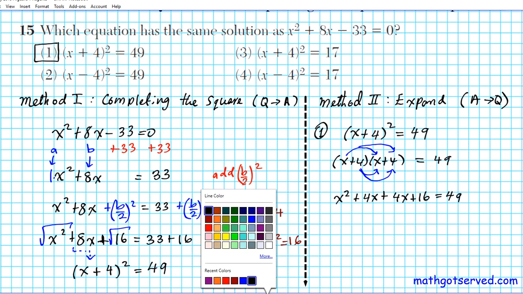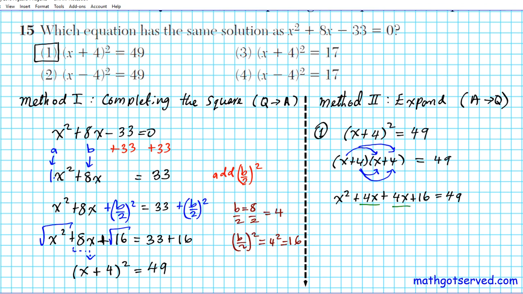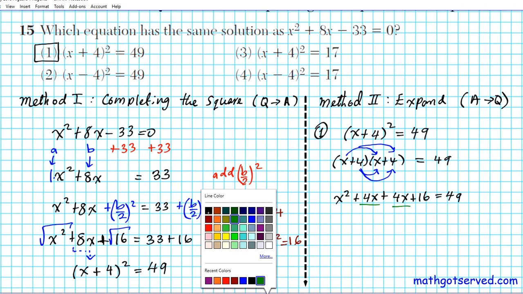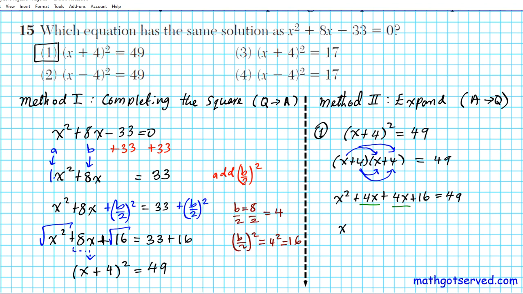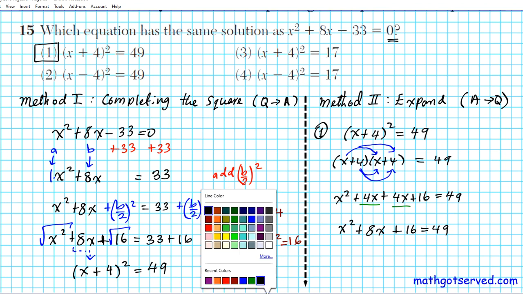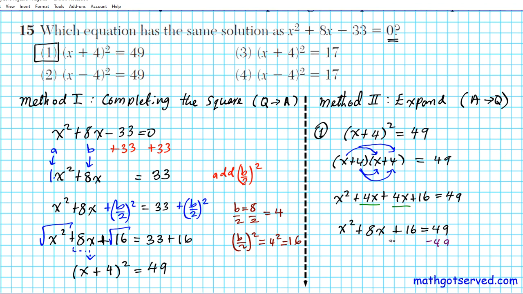Now let's combine like terms. Positive 4x and positive 4x are your first degree terms, so we combine those. And then we have x squared plus 8x plus 16 equals 49. Our target expression has a 0 on the right side, so to make this 0, we have to subtract 49 from both sides of the equation, and that will give us our desired result.